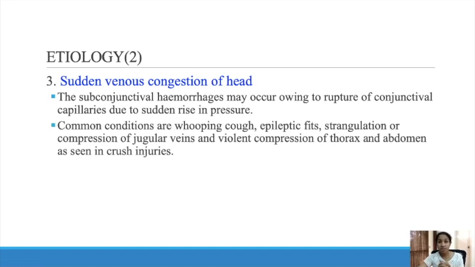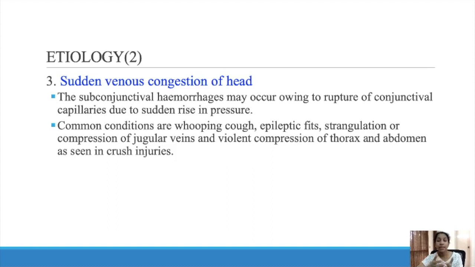Common conditions for this are whooping cough, epileptic fits, strangulation or compression of jugular veins, and violent compression of the thorax and abdomen as seen in crush injuries.